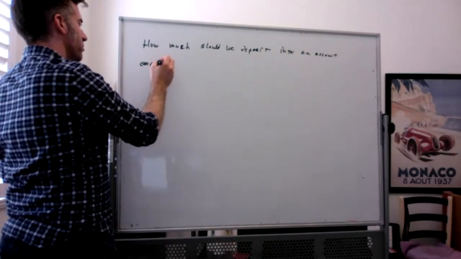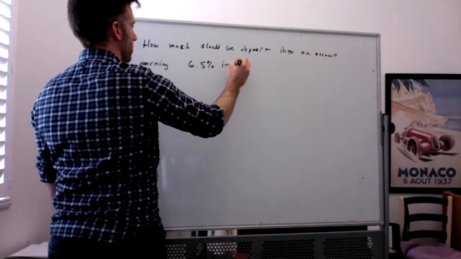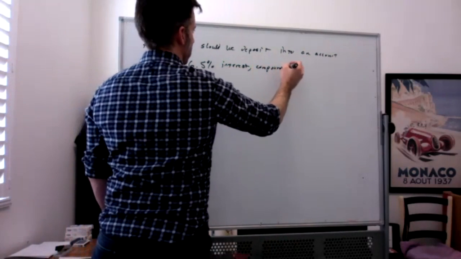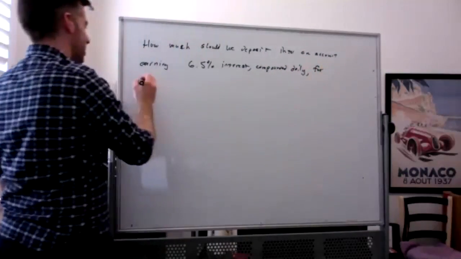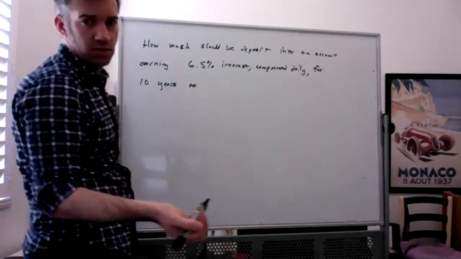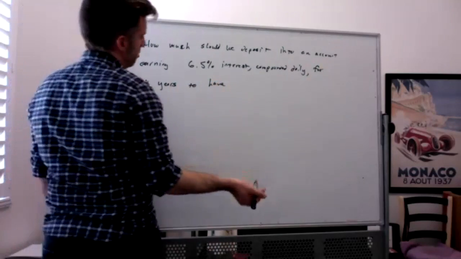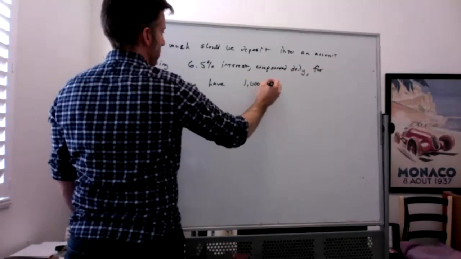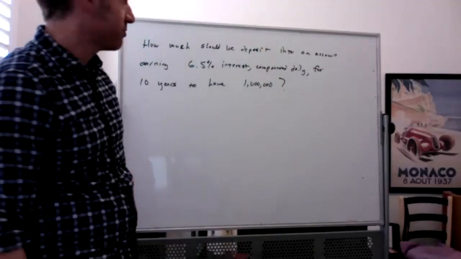Earning 6.5% interest, compounded daily for 10 years, to have, I don't know, $1 million at the end of those 10 years.